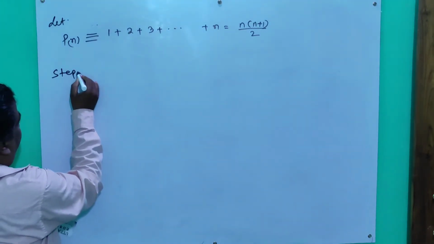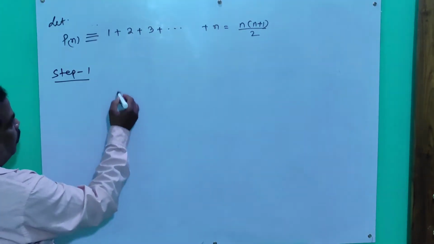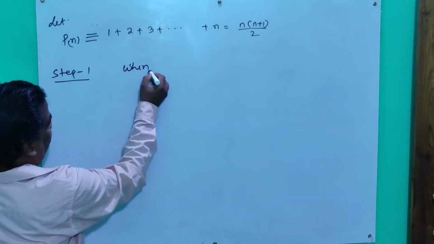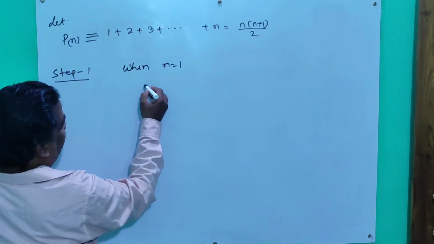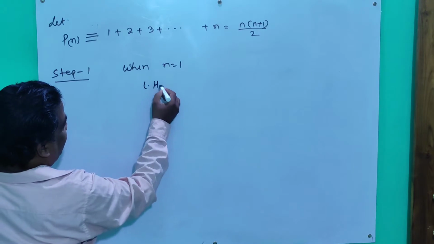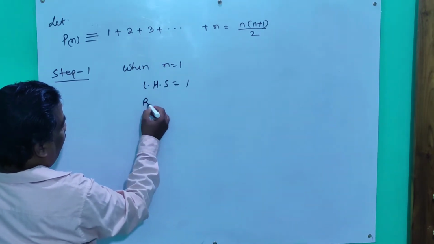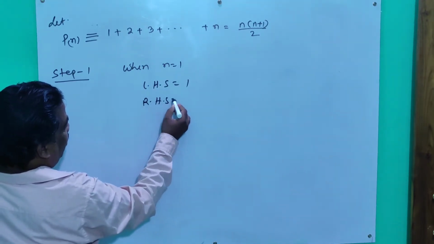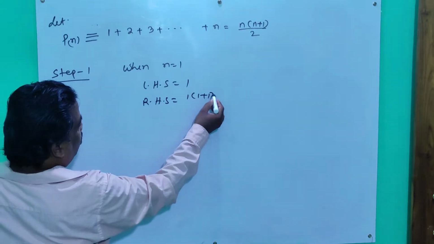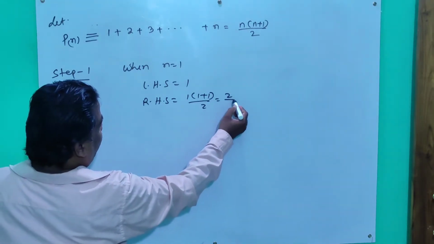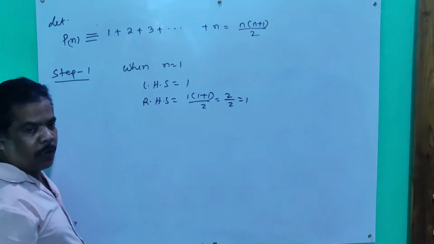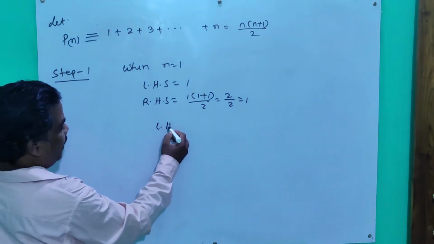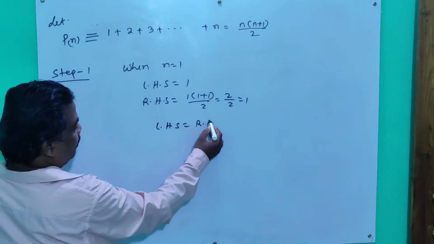Next we verify that when n is equal to 1, then LHS is equal to 1, RHS is equal to 1 whole into 1 plus 1 by 2, that is 2 by 2, which is equal to 1. Now we find LHS is equal to RHS.